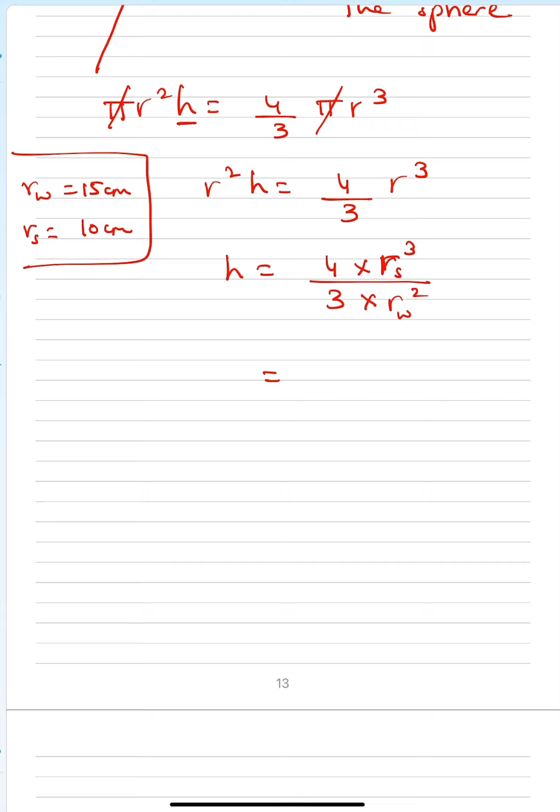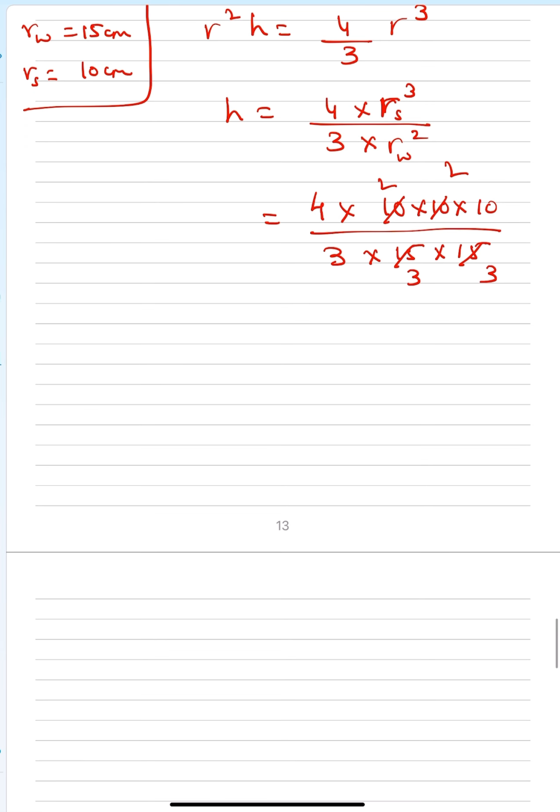Now let us put the values: 4 into 10 into 10 into 10 upon 3 into 15 into 15. Five 2s are 10, five 3s are 15, again five 2s, again five 3s. Now we cannot cancel them further, so we will multiply all the digits.